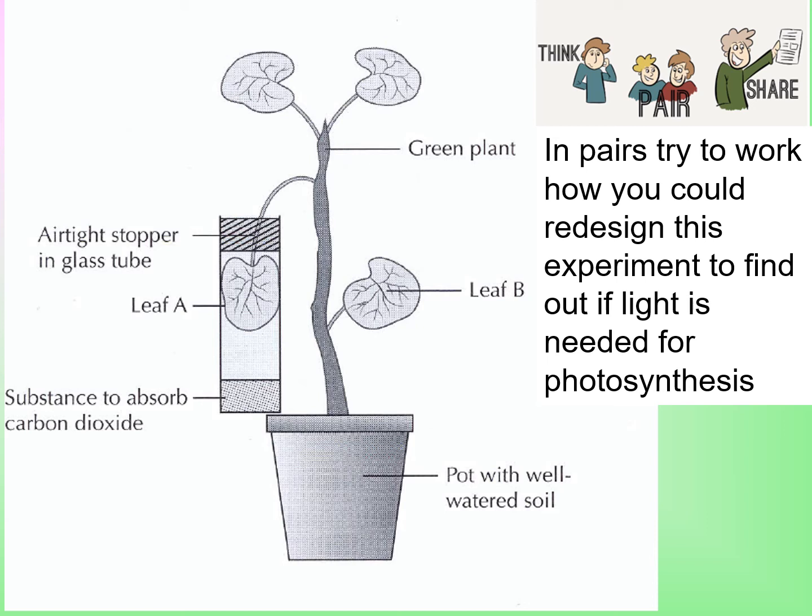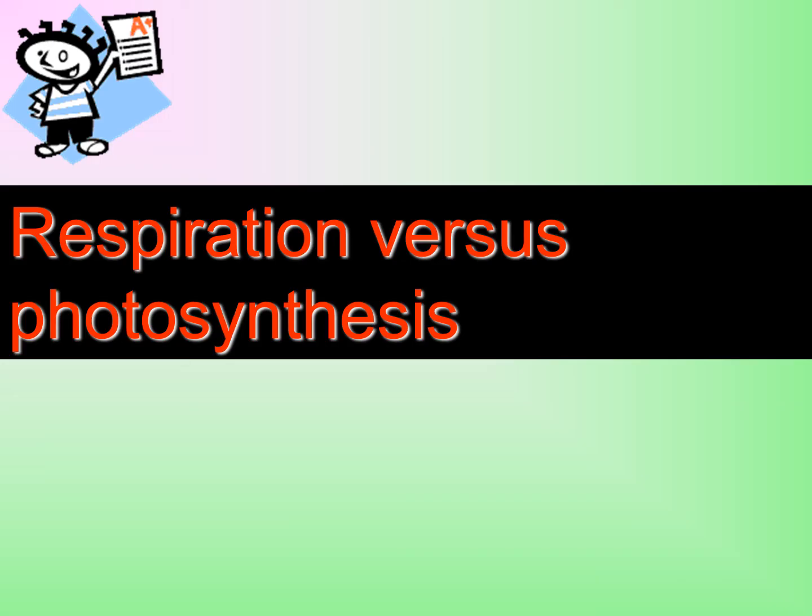What might you do to one of the leaves? What you could do is cover one of the leaves with black card and have B as a comparison to prove that light is required.